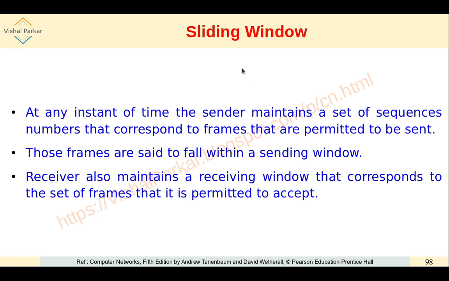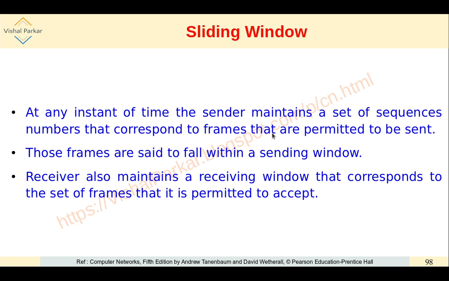Now we'll know what is called a sliding window. At any instant of time, the sender maintains a set of sequence numbers that correspond to frames that are permitted to be sent. What does it mean? For example, let us say the sender is allowed to send 3 frames.